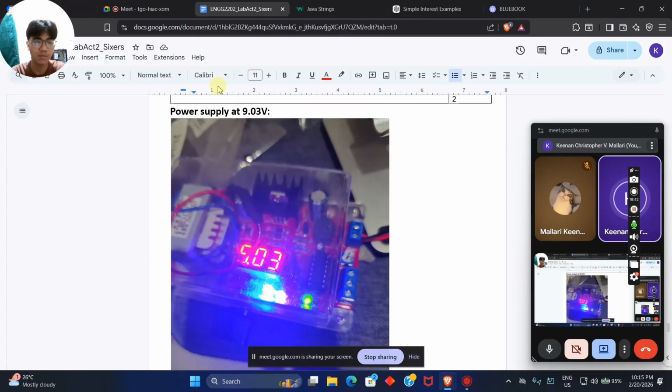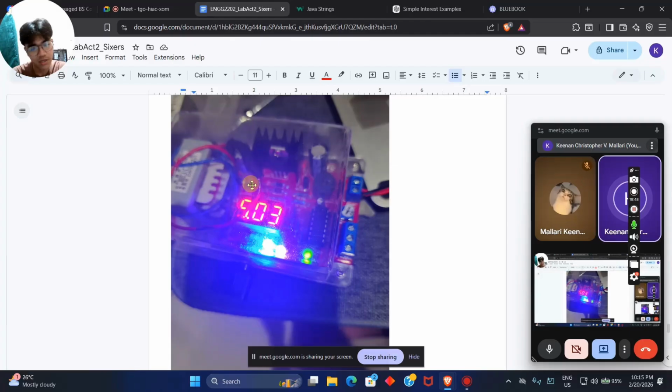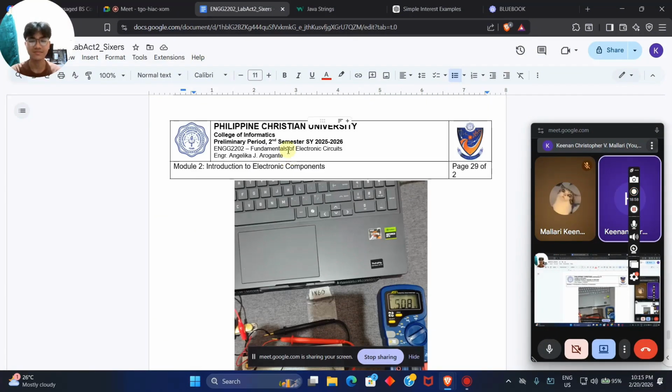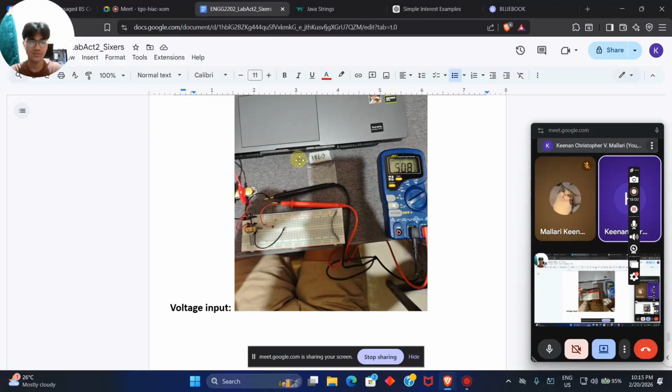Power supply at 0.903 volts. Since the picture was unclear because of the wire here, you just gotta believe me that this is 10 volts. Alright, voltage input as close as possible to 0.5 volts.